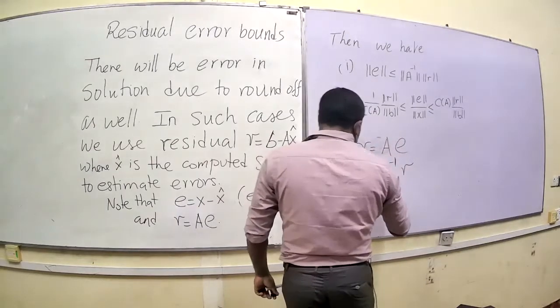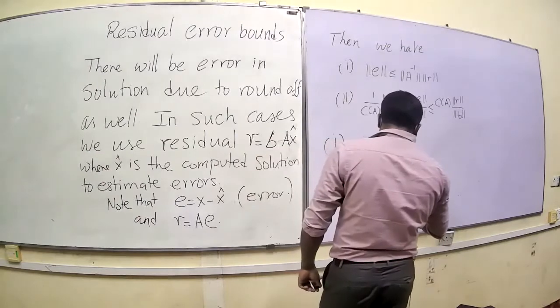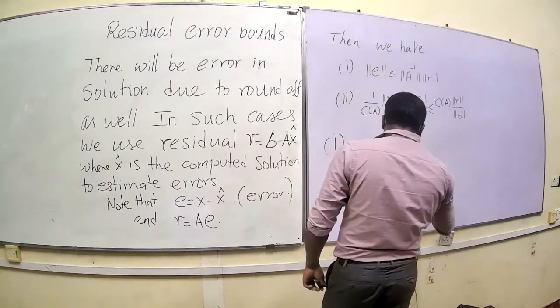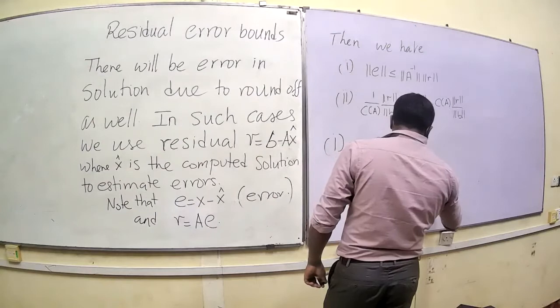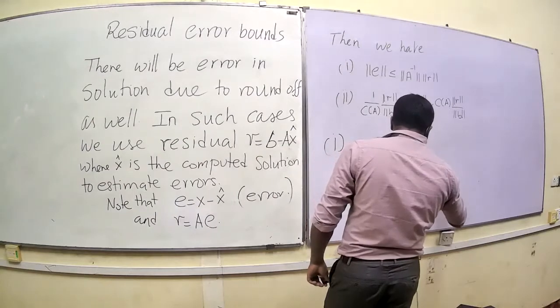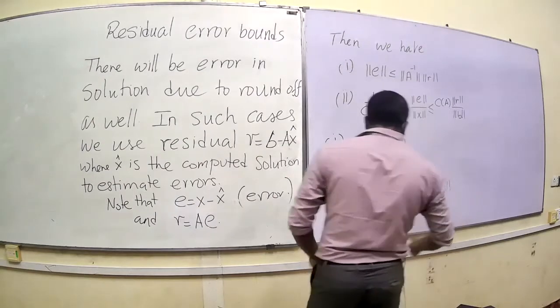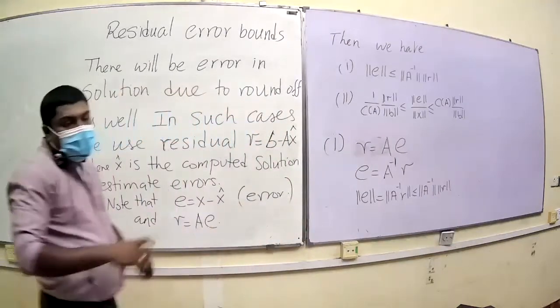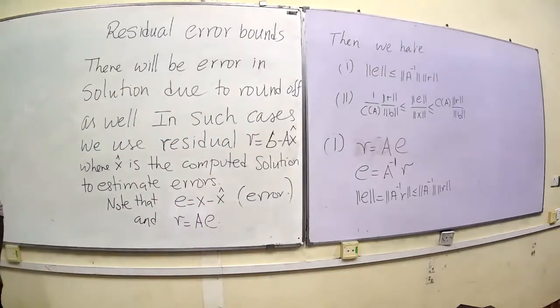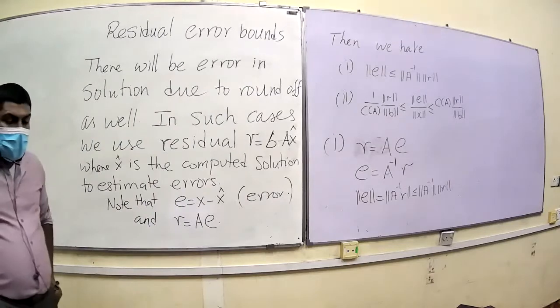So norm of E is equal to norm of A inverse R, which is less than or equal to norm of A inverse times norm of R. So this is one of the estimates for the error: norm of A inverse and norm of R.